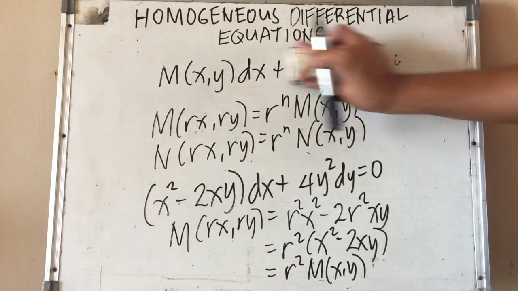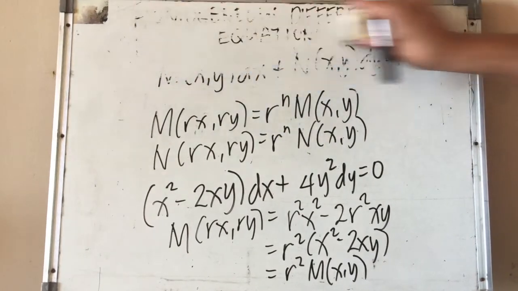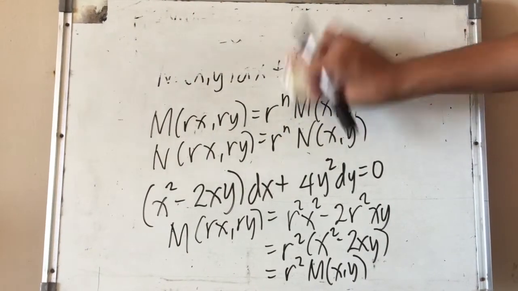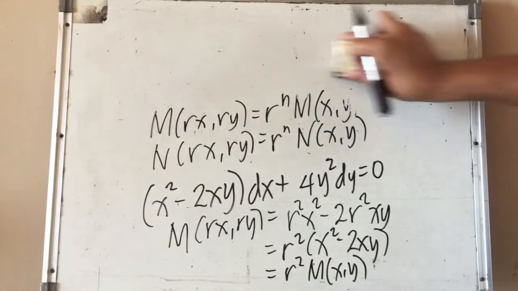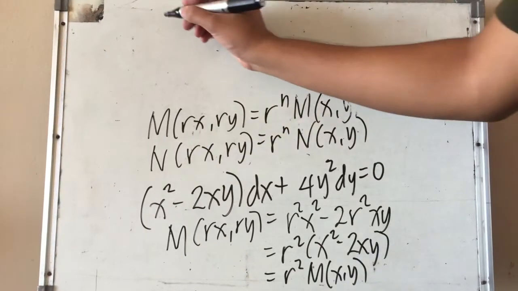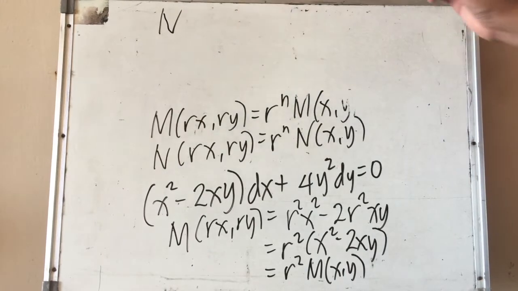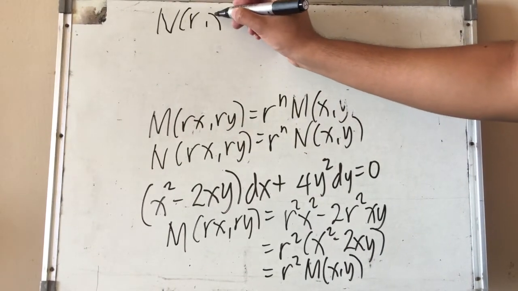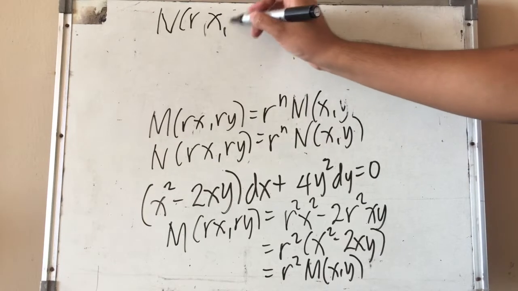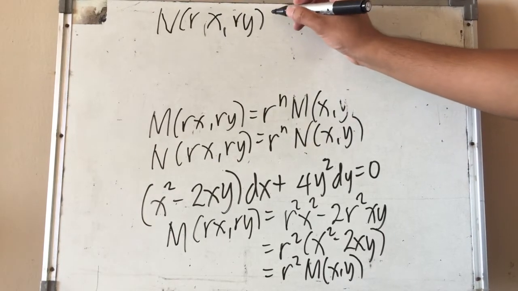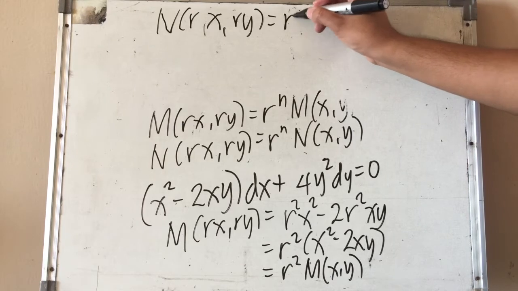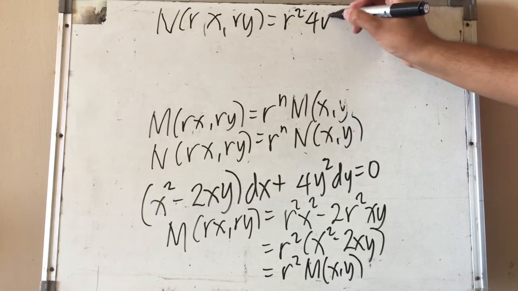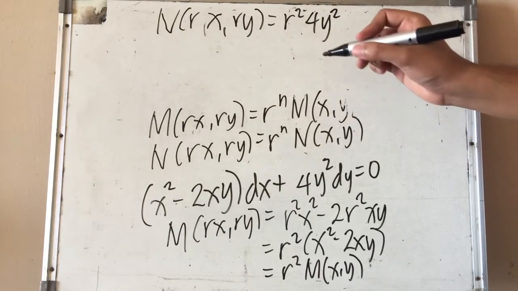And on the N part of the equation, N(rx, ry) is equal to r squared 4y squared.